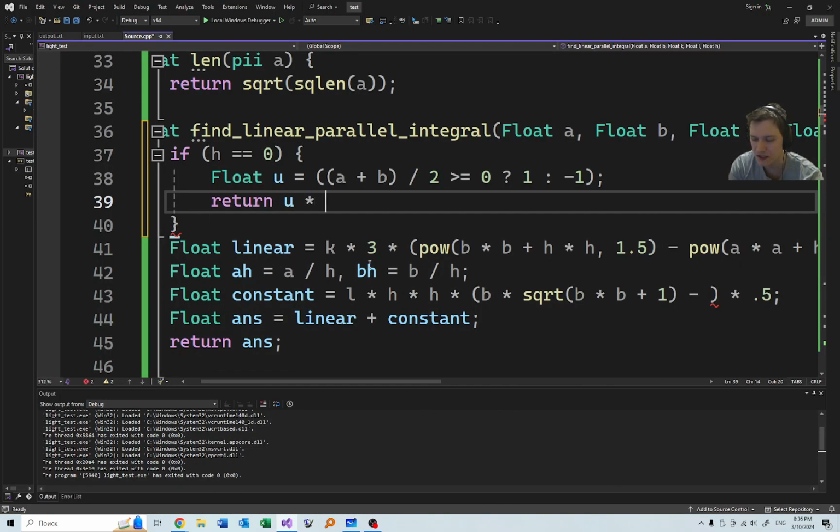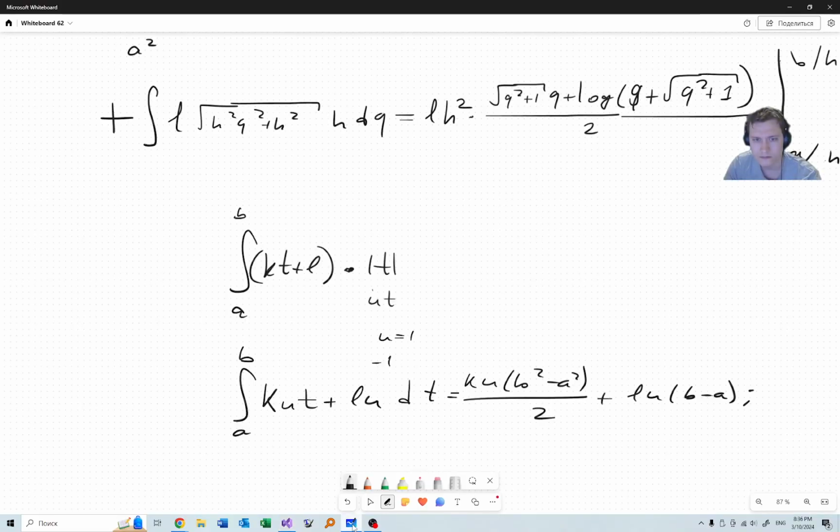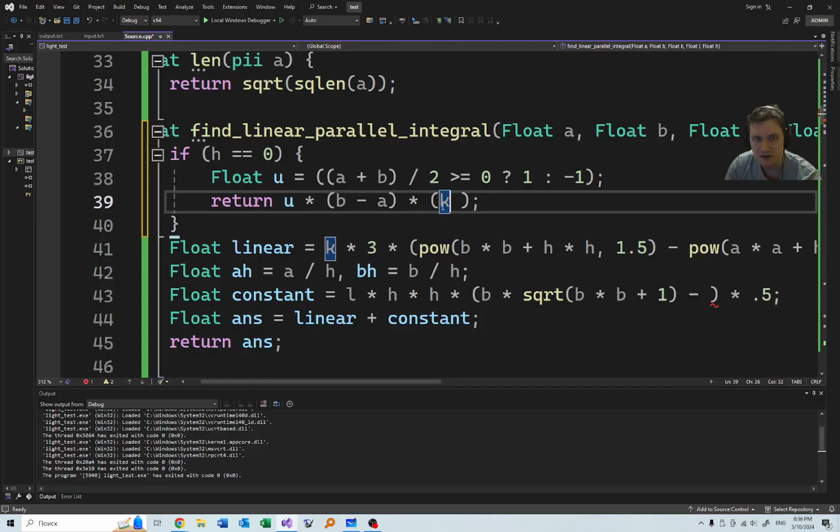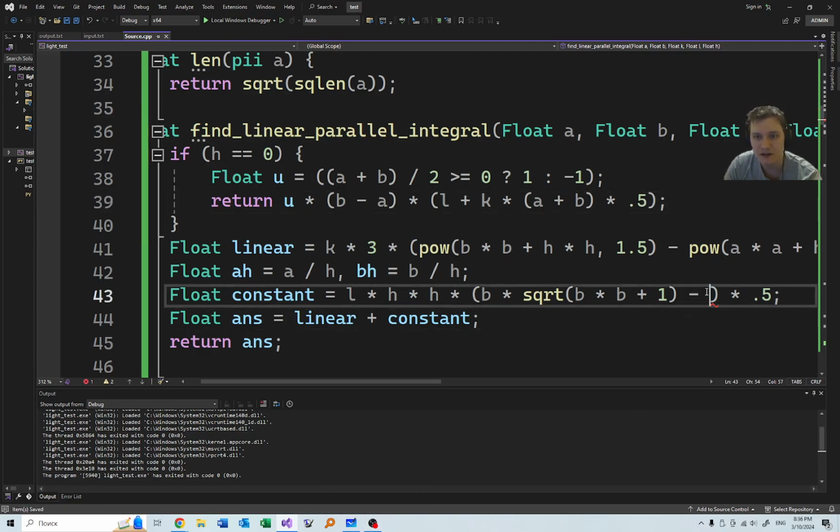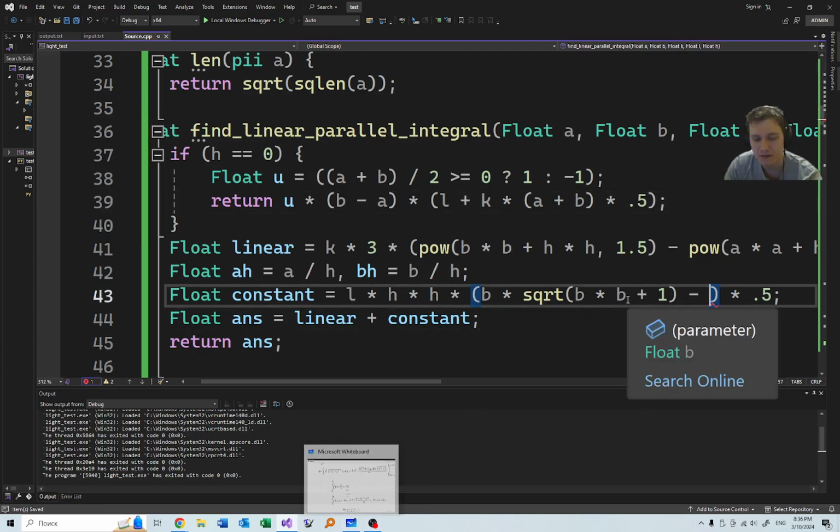Return u times b minus a, actually, times L plus K times a plus b over 2.